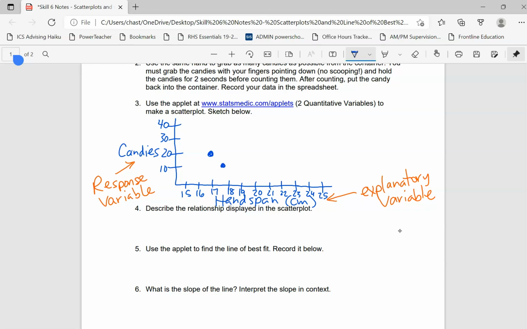And let's say that two people with a hand span of 19 were able to grab about 12 and 16 candies. And then a hand span of 20 maybe can grab a few more than 20 candies. And I'm just going to keep putting dots here.